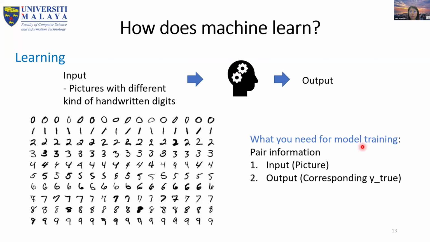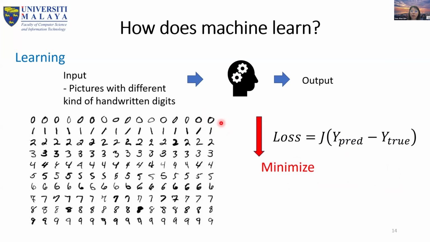We need paired information. The picture is the input, and the output is the corresponding Y true, which is the label saying this picture corresponds to zero. We need this pair of information passed into the machine. The whole idea of how the machine learns is that it tries to do optimization, where it tries to minimize the loss.